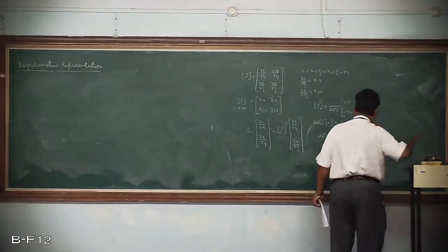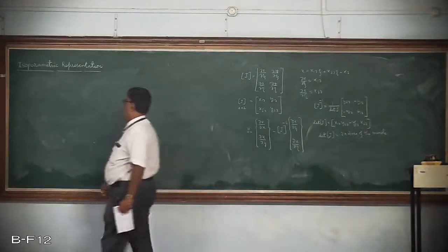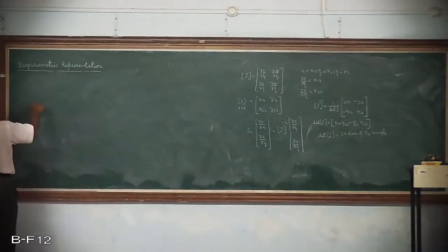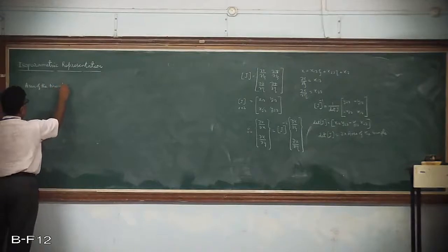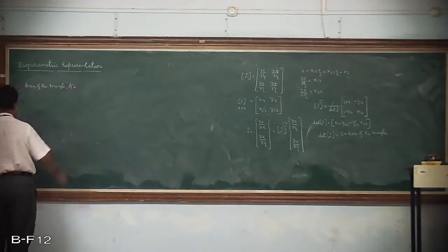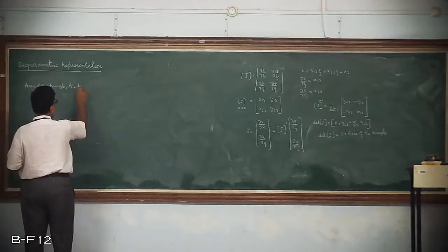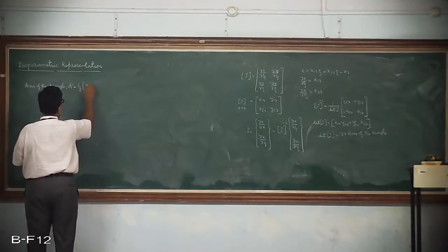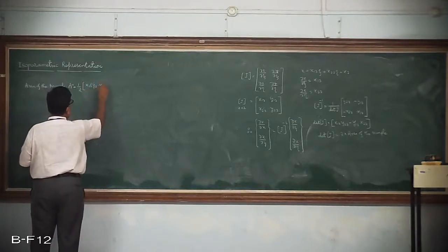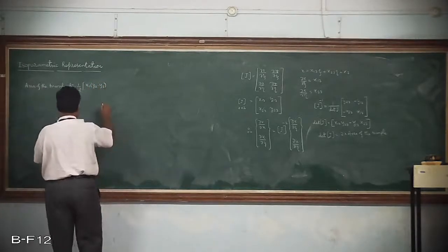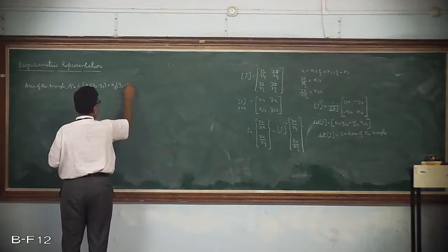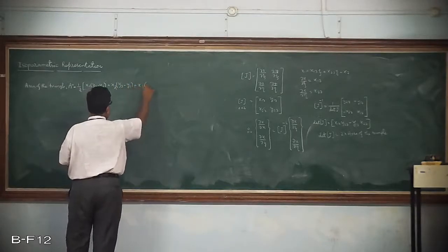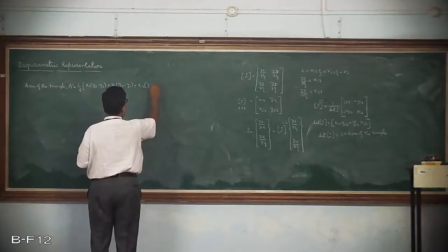What I wanted to tell you is, suppose I have a triangle with 1, 2, 3 as nodes and coordinates x1, y1, x2, y2 and so on. The area of the triangle in terms of the Cartesian coordinates can be written as half into the bracket x1 into (y2 minus y3) plus x2 into (y3 minus y1) plus x3 into (y1 minus y2).